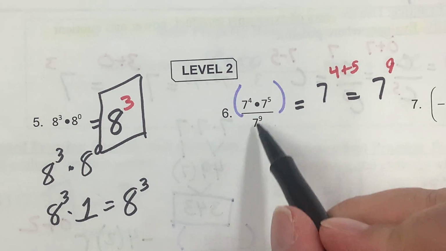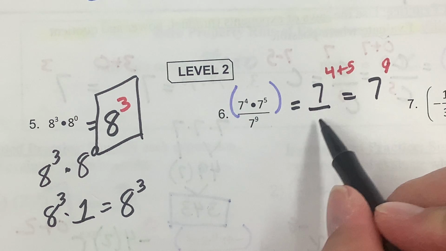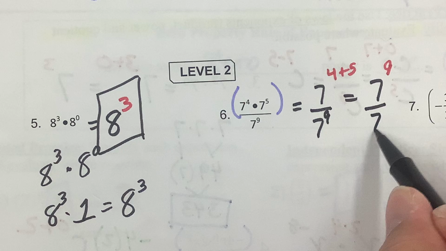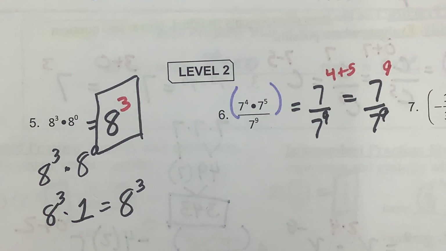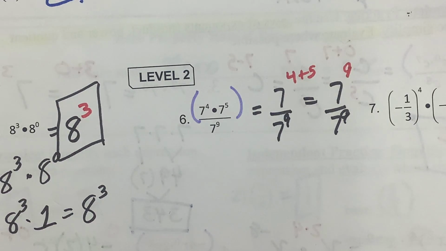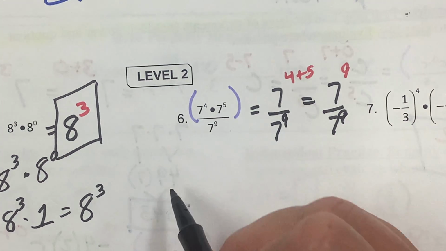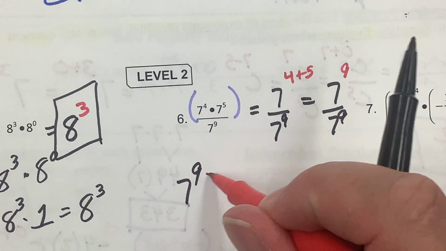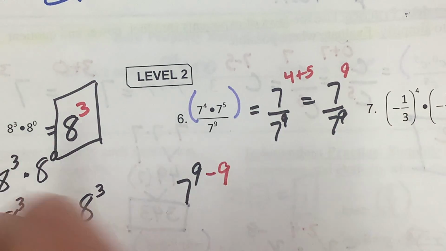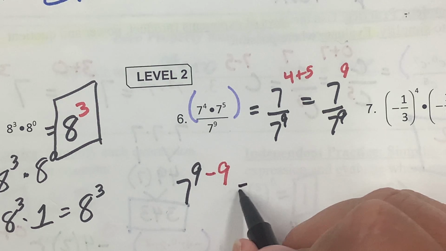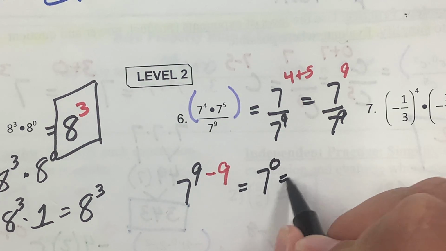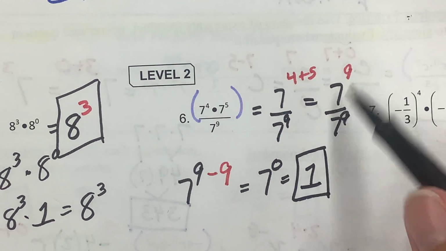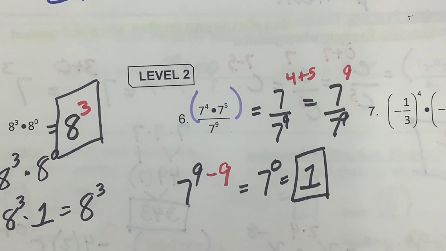But look at this, I didn't do anything with the bottom yet. So 7 to the 9th divided by 7 to the 9th. Now I can use the quotient rule, which is keep the base, subtract the exponents. 7 to the 9 minus 9. Wait a second, that's 7 to the 0 power, which is 1. Or I could have gotten to this point and said, oh, a number divided by itself, that's 1.